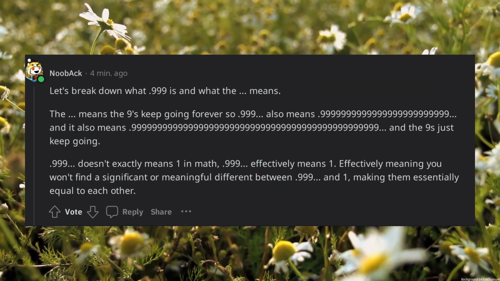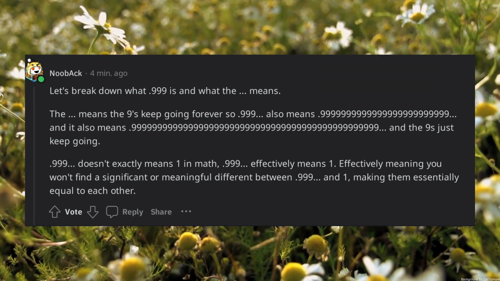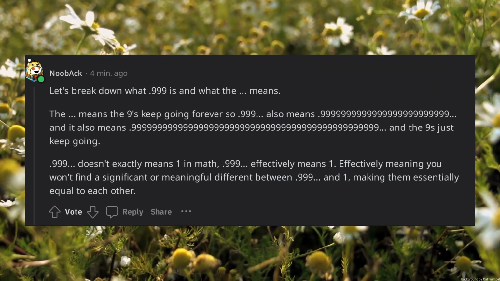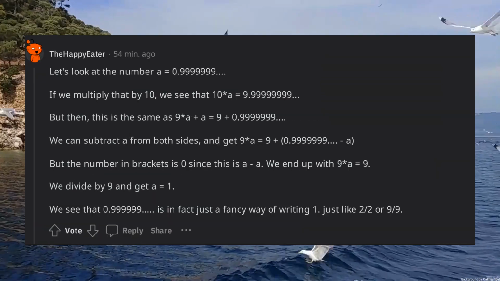Effectively meaning you won't find a significant or meaningful difference between 0.999... and 1, making them essentially equal to each other.